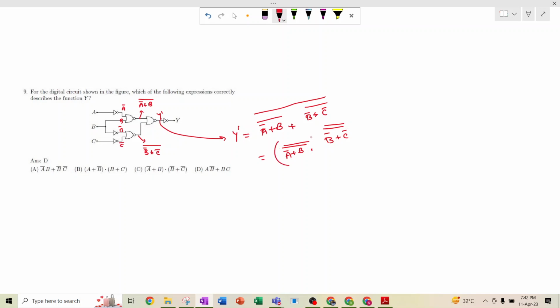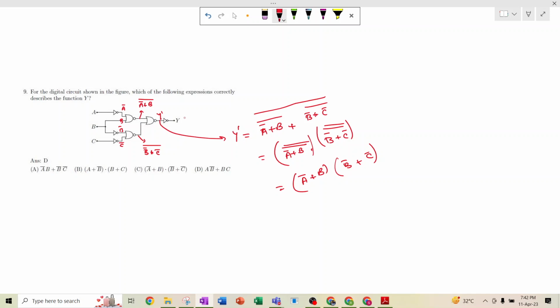Okay, so this will be A bar plus B multiplied with B bar C bar. Okay, so that will be this.